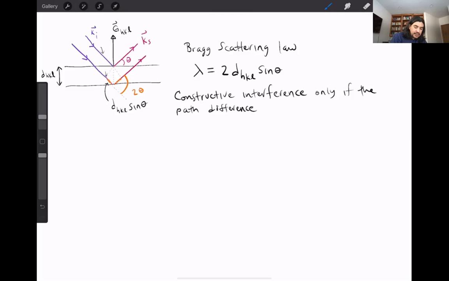So our path difference is this right here times 2 because there's two of those. So if you don't have a multiple of the wavelength, then you don't get constructive interference. So that's the most important thing.